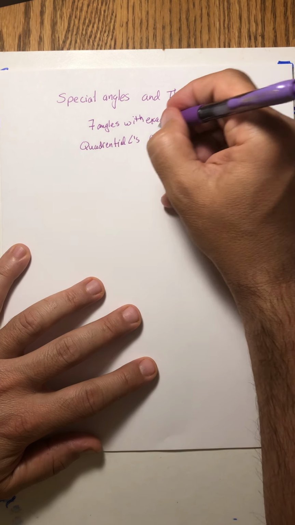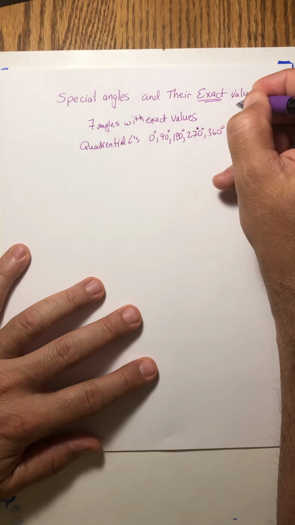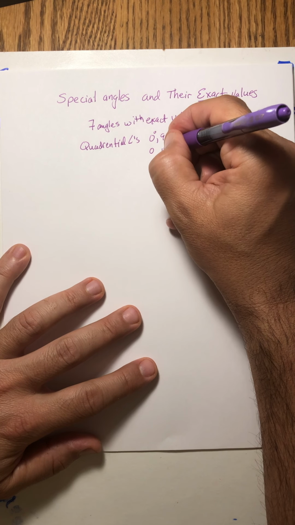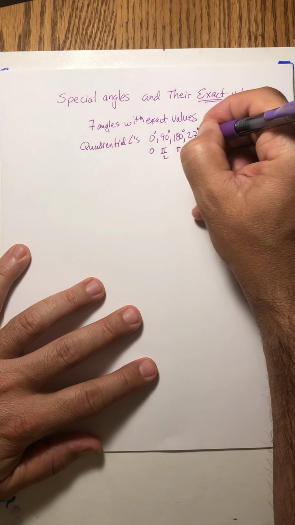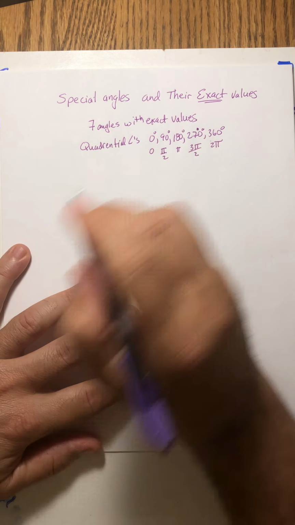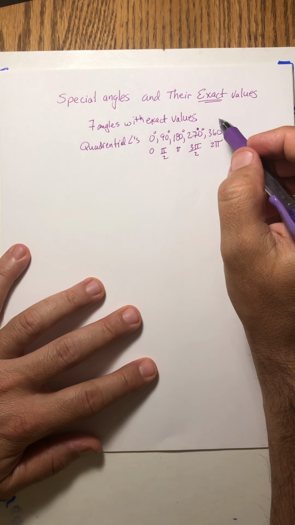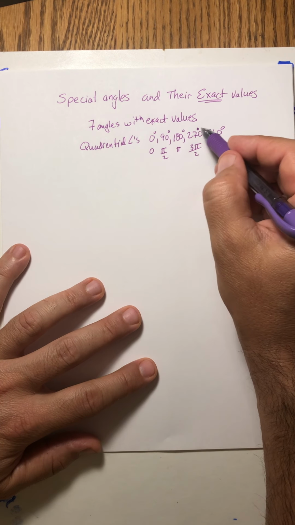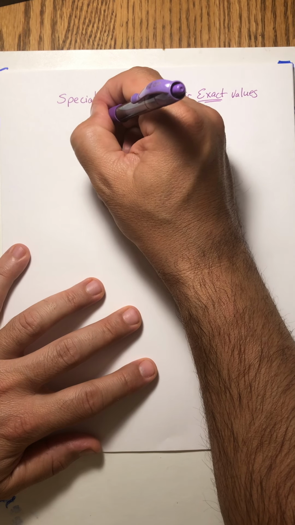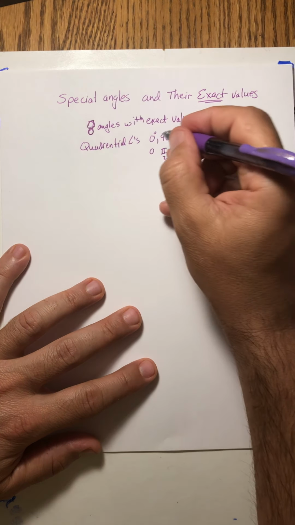If you want them in radian form, 0, pi over 2, pi, 3 pi over 2, 2 pi. Those are your quadrantal angles. That's 1, 2, 3, 4, 5. That's 5 of them, because I added in 360, which is the same as 0.